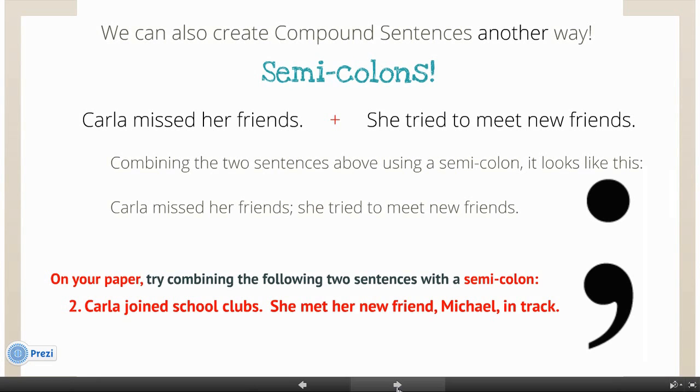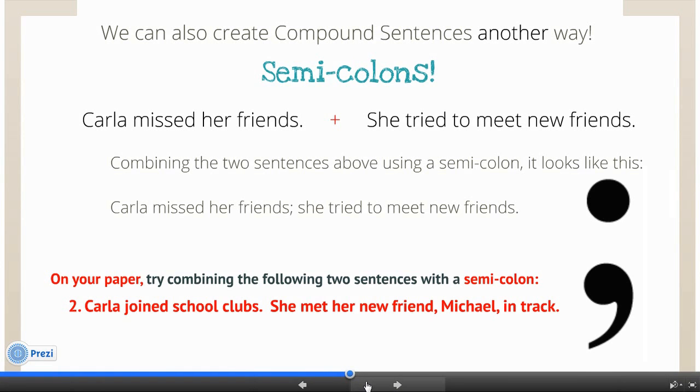Carla joined school clubs. She met her new friend Michael in track. So take a minute and write down the compound sentence that you created using a semicolon to connect the two simple sentences. When you feel ready, please move on to the next slide.